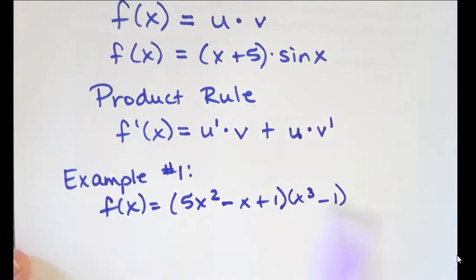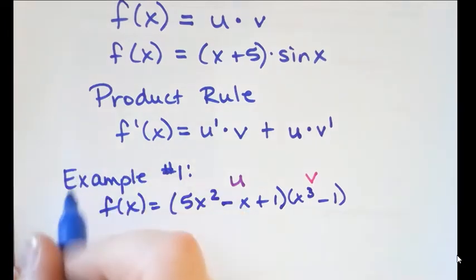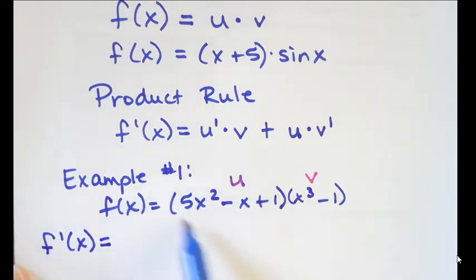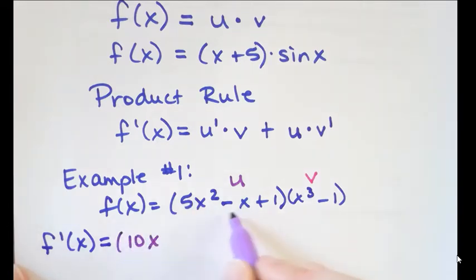So we're going to let 5x squared minus x plus 1 be our u function and x cubed minus 1 be our v function. So to find our derivative, f prime of x is going to equal the derivative of this first function. So the derivative of 5x squared is 10x. Derivative of negative x is negative 1, and the derivative of 1 is 0.